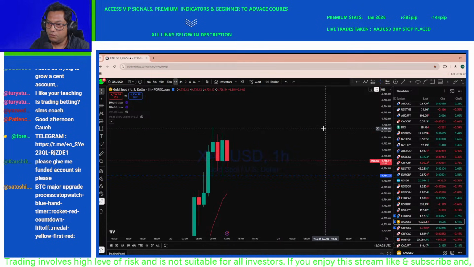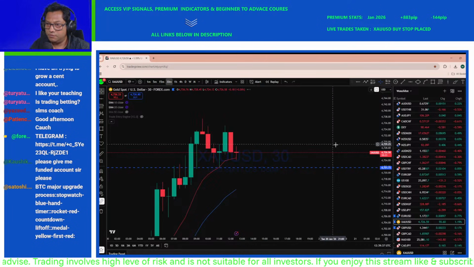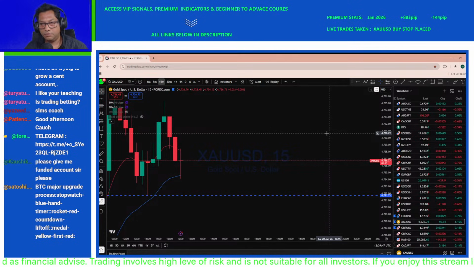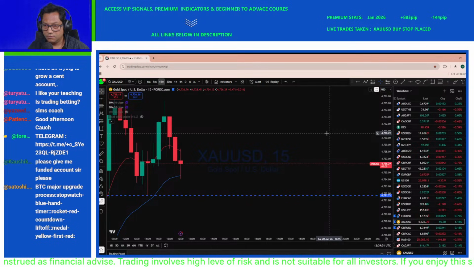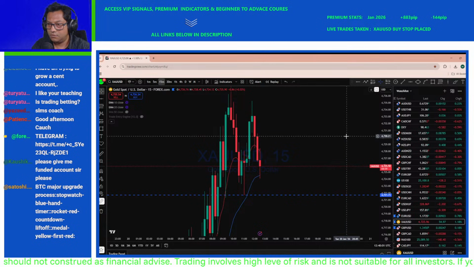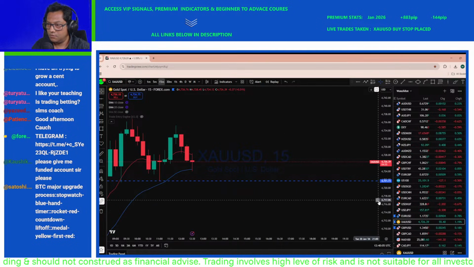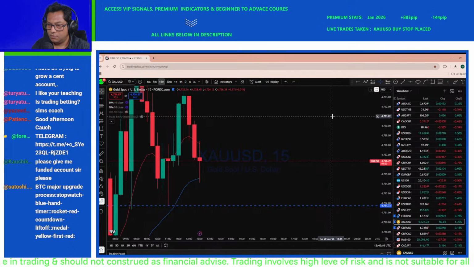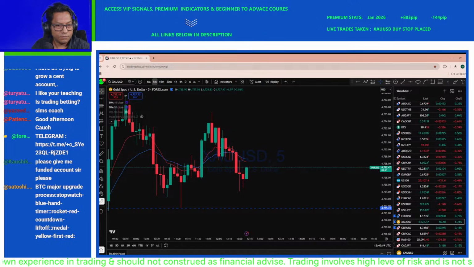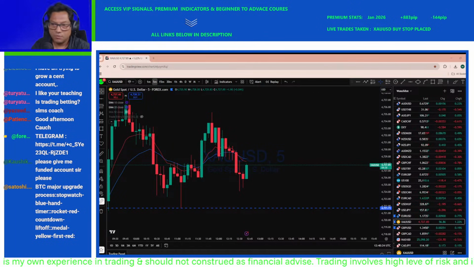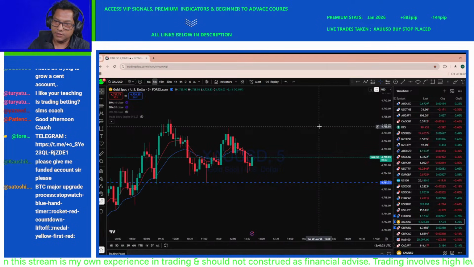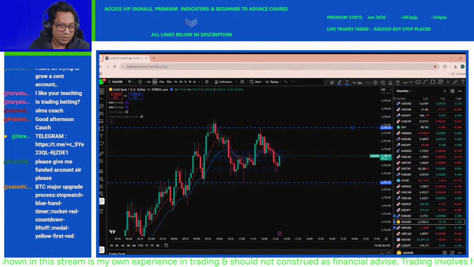So okay, of this support, the market slowly trying to push that back up, and here's the previous session's level that you can see the market at.